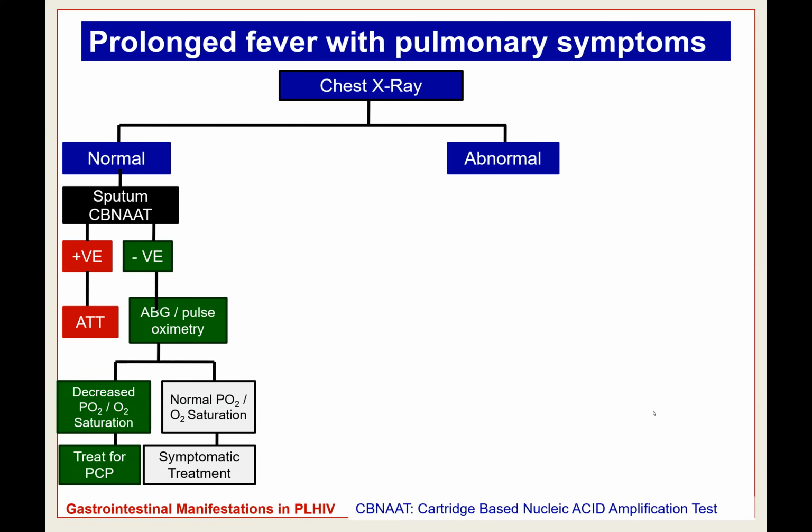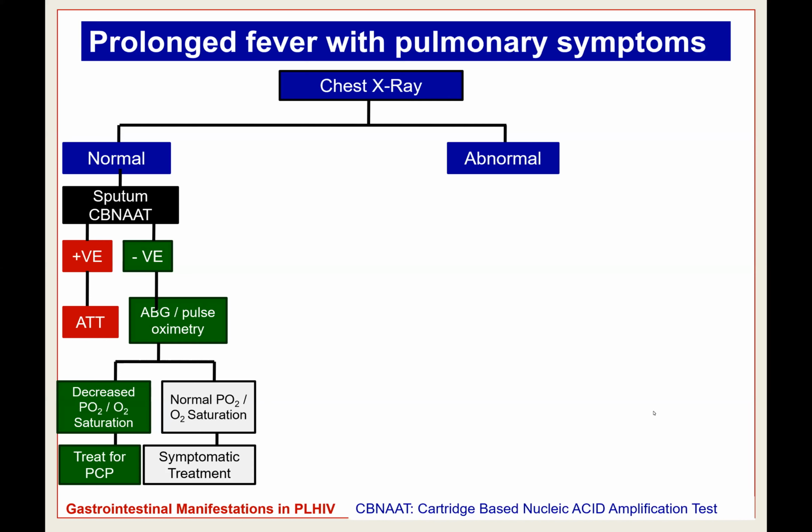But based on ABG or pulse ox findings, if the patient is presenting with reducing saturation, then based on the clinical scenario, clinical findings, and also X-ray findings, you may decide treating patients with full dose of cotrimoxazole, maybe like 2 tablets 3 times a day based on patient's weight for 21 days.